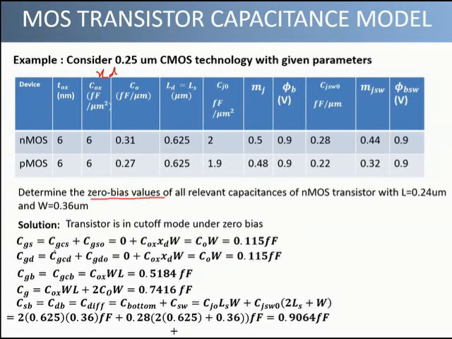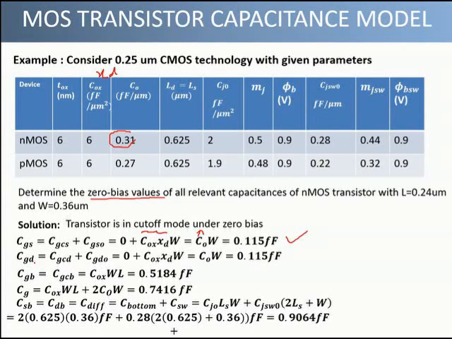Therefore, the gate to source channel capacitance is 0, whereas the gate to source overlap capacitance is equal to oxide capacitance multiplied by lateral diffusion length multiplied by the width, and this quantity is equal to the overlap capacitance per unit length. Taking the value of overlap capacitance per unit length for NMOS from here and multiplying it by the width of the transistor, we obtain the gate to source capacitance.